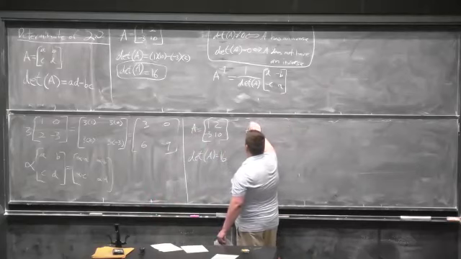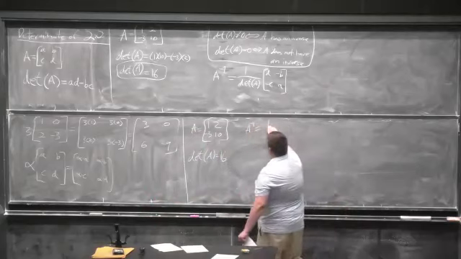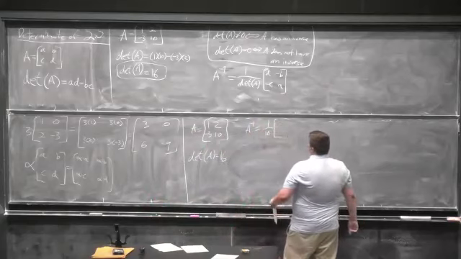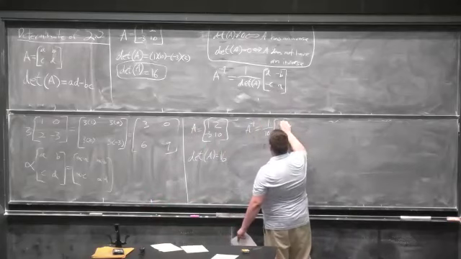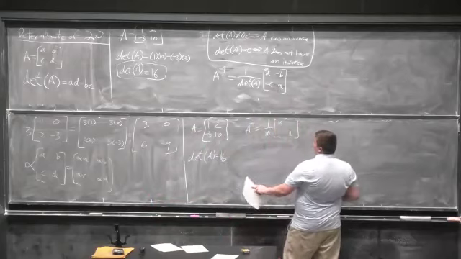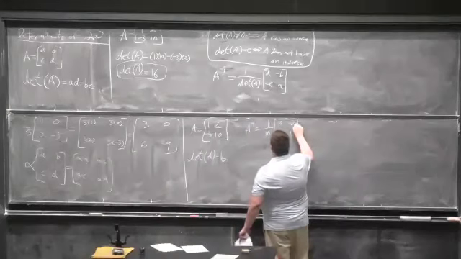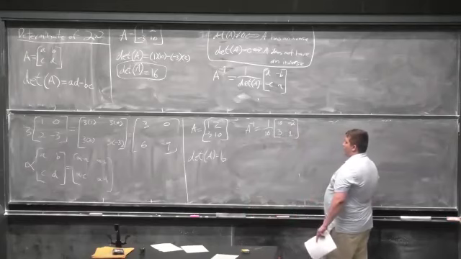A inverse is equal to 1 over 16 times, we're going to swap A and D. So 10 goes here, 1 goes here. We're going to take the negative of entry B and C. So we have -2 for the top right and +3 for the bottom left.